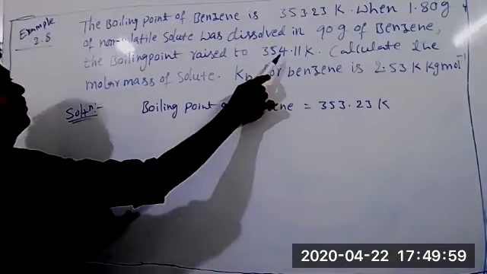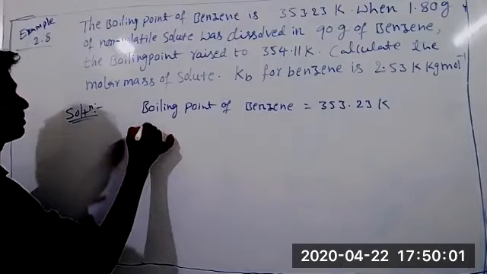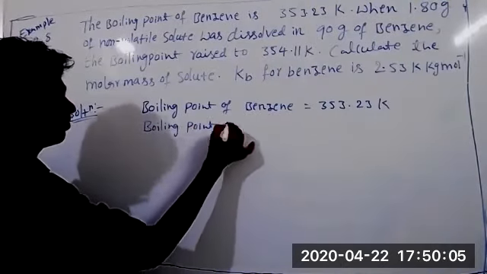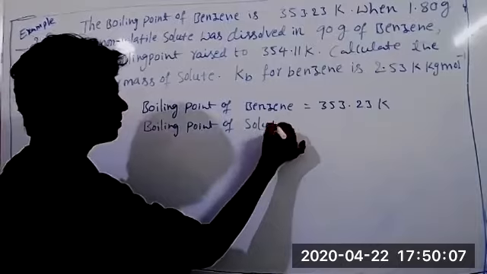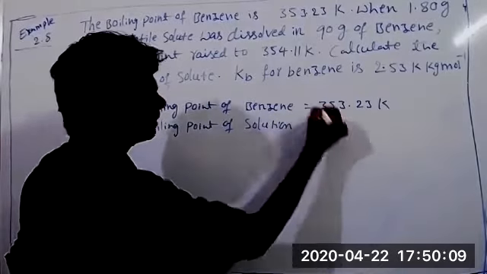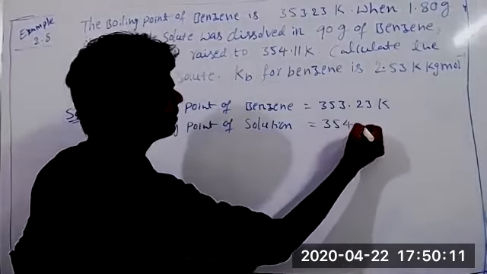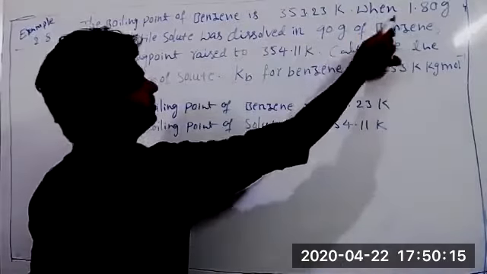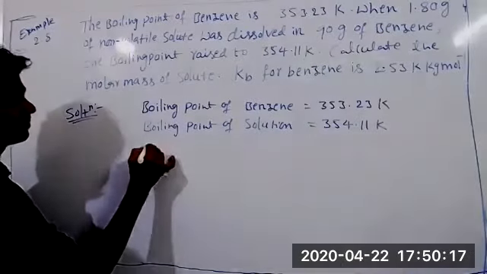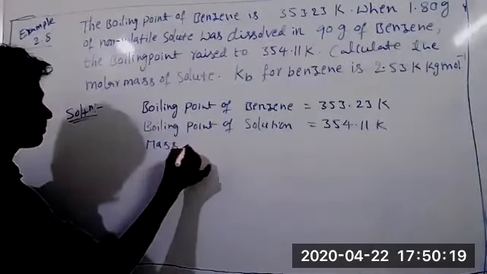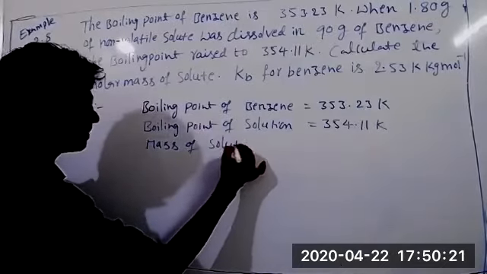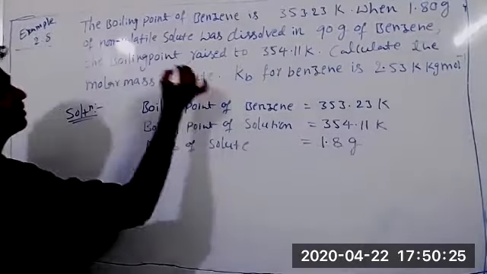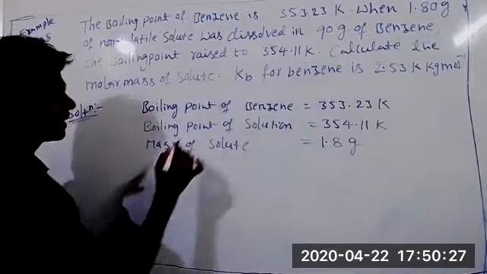This is the boiling point of solution, equal to 354.11 Kelvin. Next, that is the mass of solute: 1.8 grams, and the mass of solvent is 90 grams.